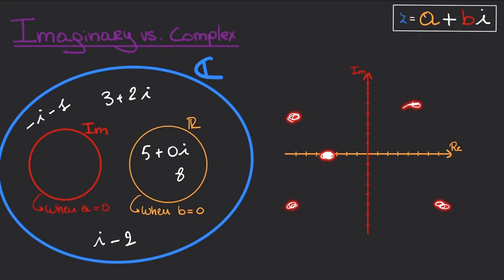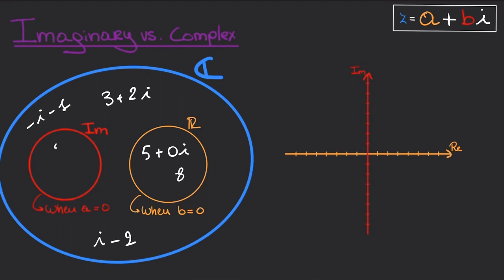And now the last case, sometimes it happens that we are on this line. And where we are on this line, we will say that there is no real part, and the number is purely imaginary. This is why sometimes I say imaginary number. Well, it's also a complex number, but there is no real part.